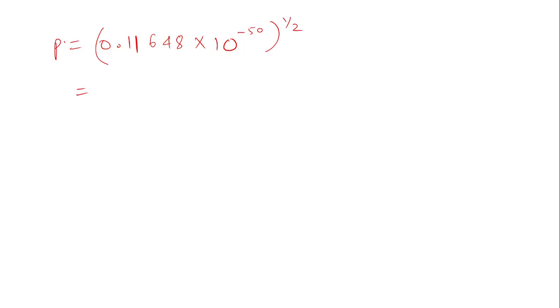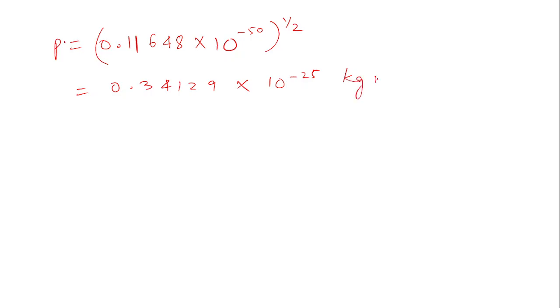When we take square root of 0.11648, that will be 0.34129, and square root of 10 to the power minus 50 will be 10 to the power minus 25.